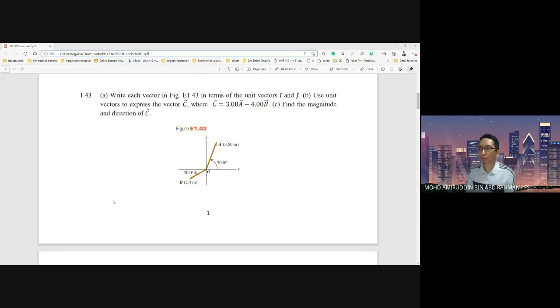So how do you solve for vector C? Now you have the x components and also the y components of A and B. So it is easier because you already have A and B in terms of unit vectors i and j. So what's the final answer for A?